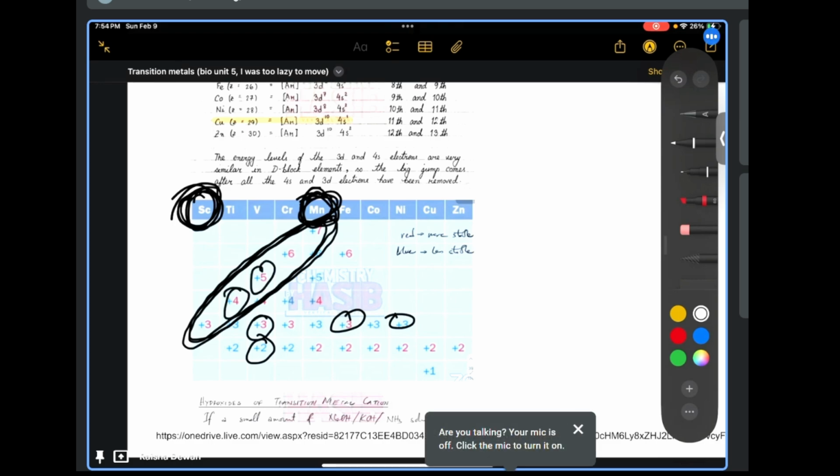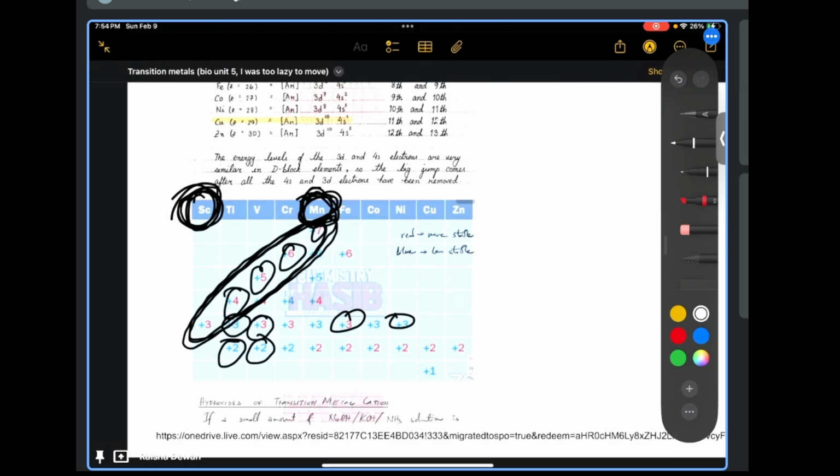For +4, +5, +6, +7, their covalent bonding will be really strong. But for +2 and +3, as they have very small oxidation states, their covalent bonding will not be that strong, so they are less stable than these ones.